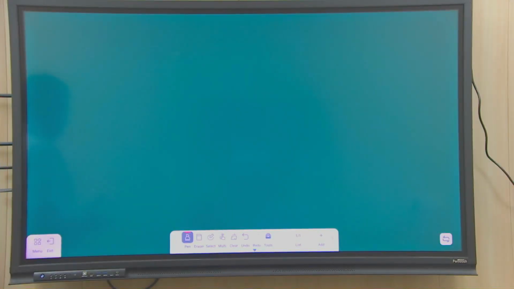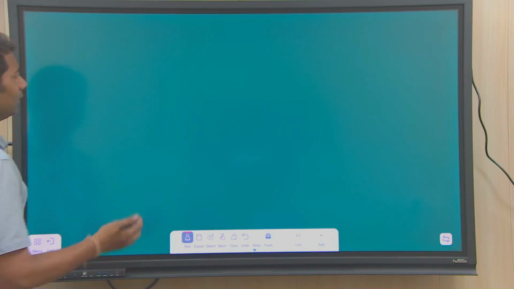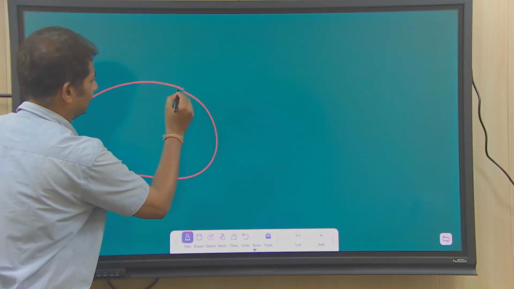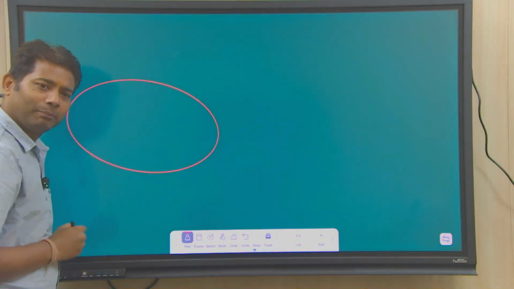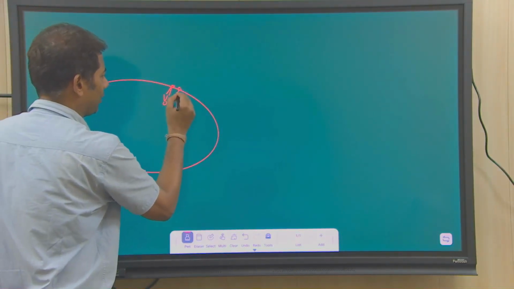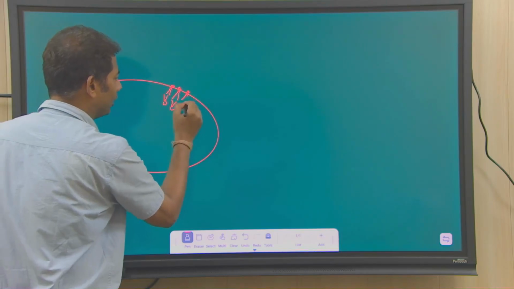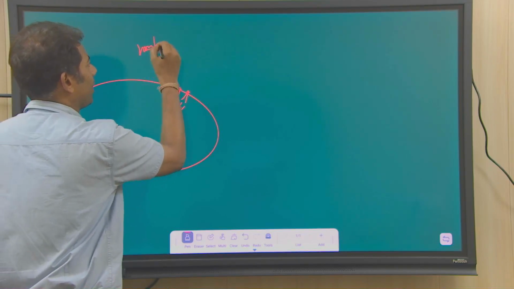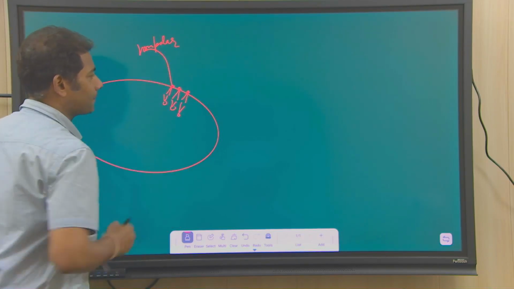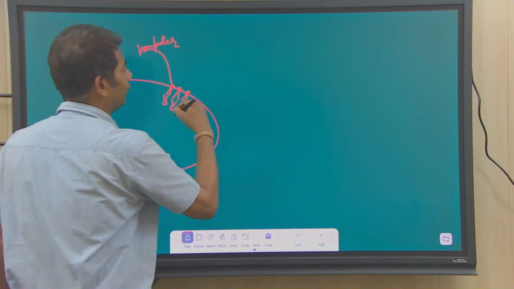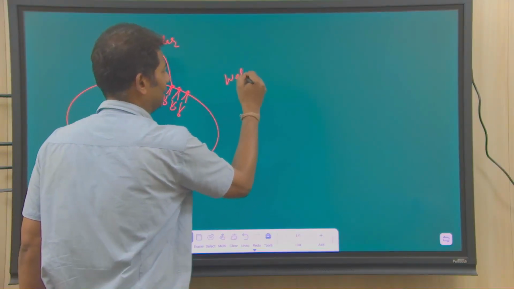In case of the cell, if we look at the structure of the cell, how is the cell formed? The primary cell is formed from a membrane, which is made up of lipid biomolecules. Its nature is non-polar. The external environment of this non-polar membrane is water, that is polar in nature.